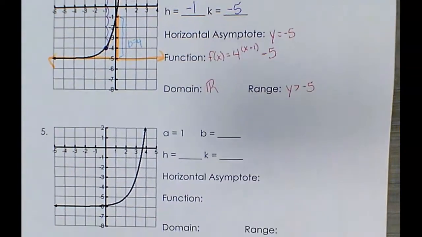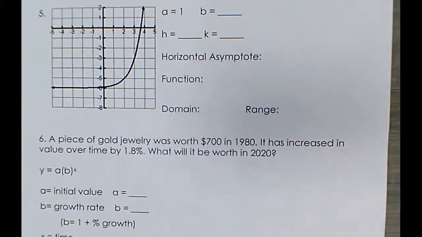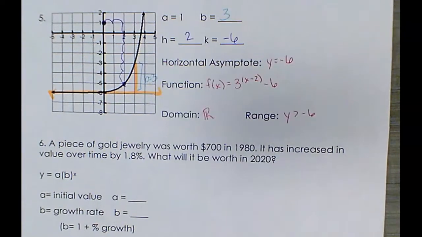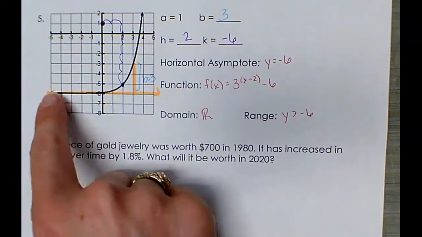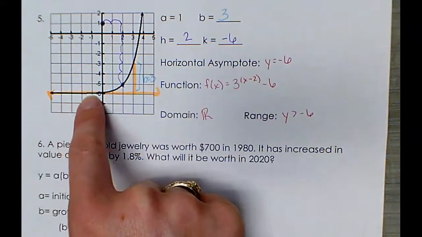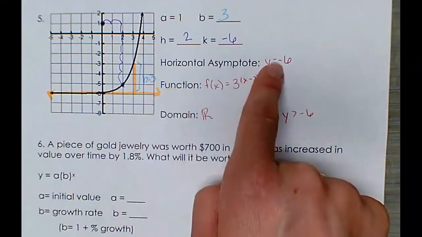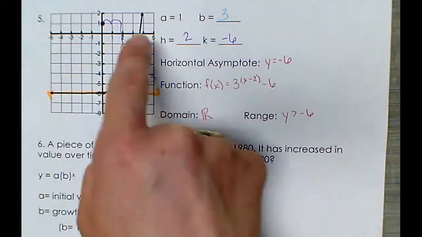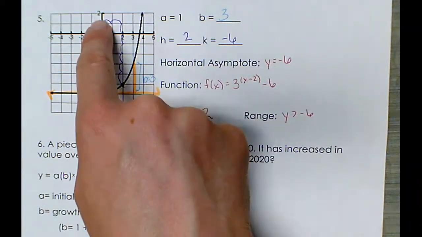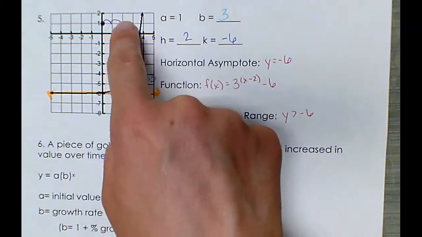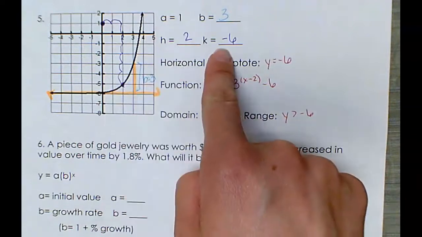So what I'd like for you to do is pause your video and try number 5. So number 5, the horizontal asymptote is going through y equals -6. My 0, 1 has moved all the way down here, so that's over 2, so h is 2, and down 6, so k is -6.